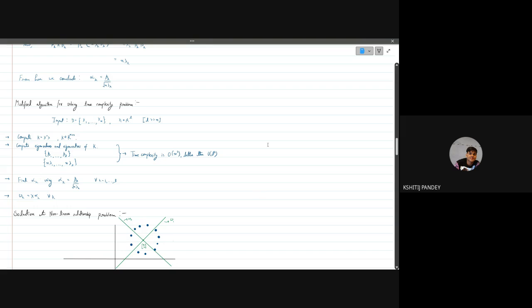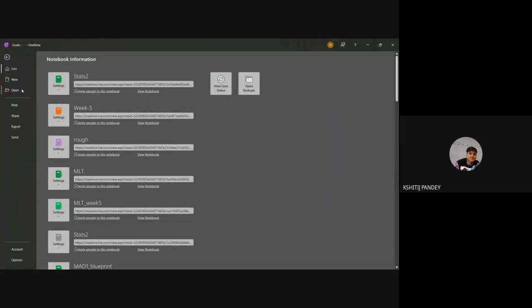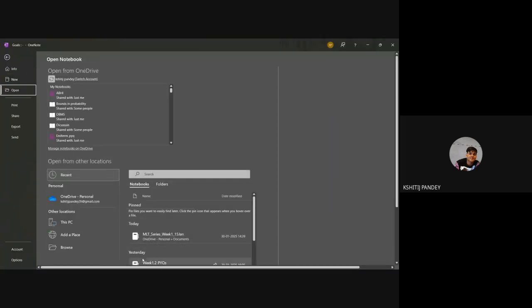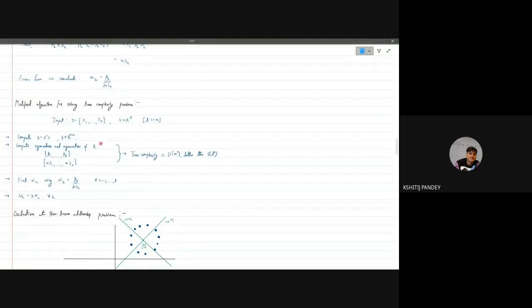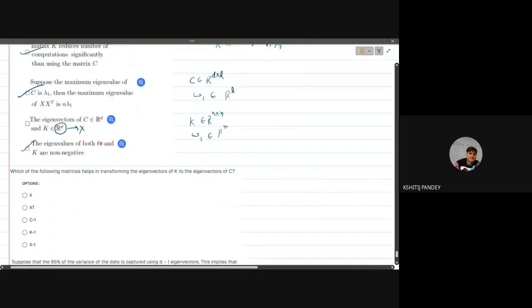Okay, yes, correct. This alpha is what? This alpha is the weights, right? We know that all data points are linear combinations of W's. Yes, okay, correct, that is correct. The second last option is incorrect. Okay, let's move ahead to the next question.